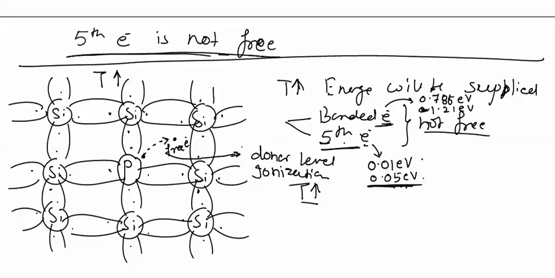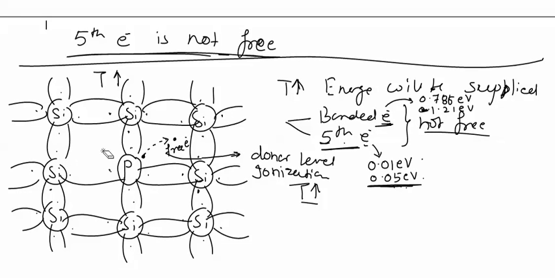With increase in temperature, these covalent bonds will also be broken, and with each covalent bond broken there will be a generation of a hole, and the generated electron will be called a free electron.